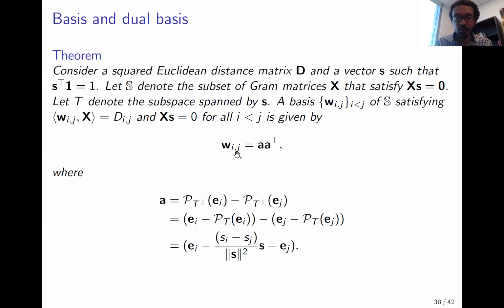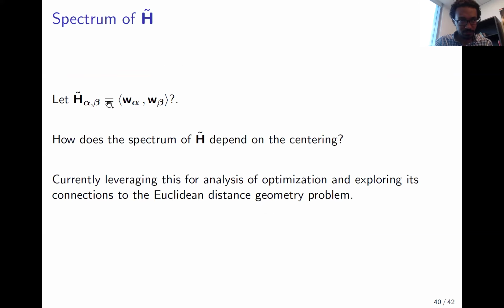The earlier matrix H is very nicely structured with a very nice spectrum. We were able to show there is a regularity in it, connect it to triangular graphs and find all the spectrum. But how does that change when you do the centering? We don't have a good answer for this right now.